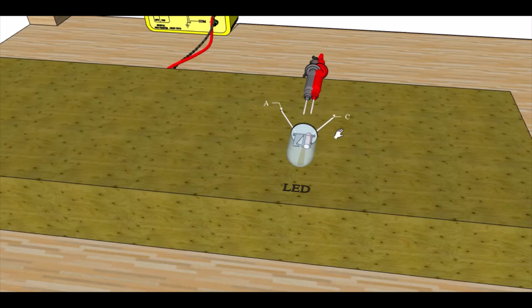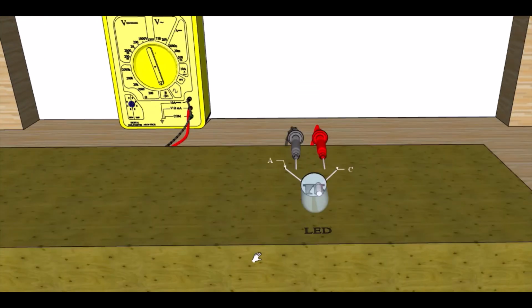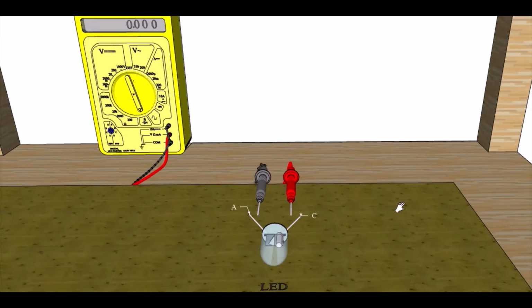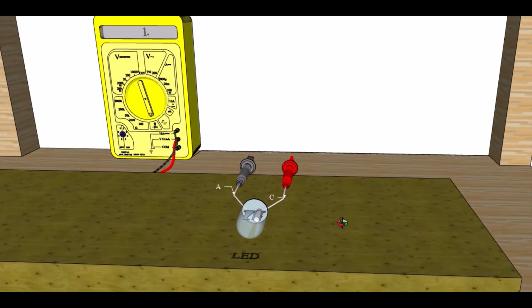So it becomes reverse bias, and in reverse bias the display of multimeter shows one dot to show infinite resistance. So it is showing one dot, which means the resistance is infinite and hence there is no current flowing through LED.